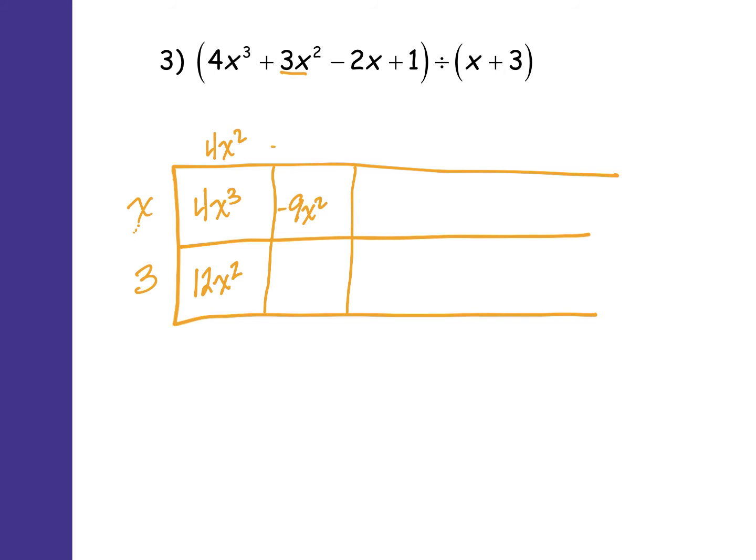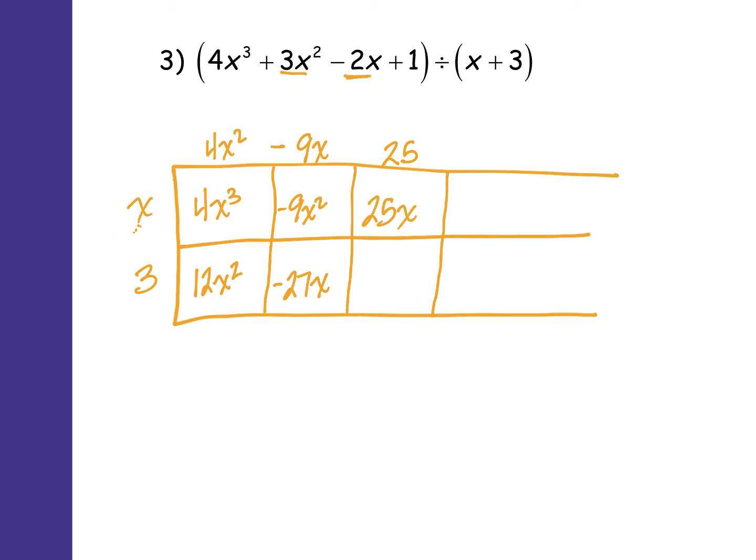Negative 9x, good. Negative 9x. And negative 9x times 3 is negative 27x. So what do I add to negative 27x to get negative 2x? It is 25, good. 25x. And what am I going to multiply x by to get 25x? 25.